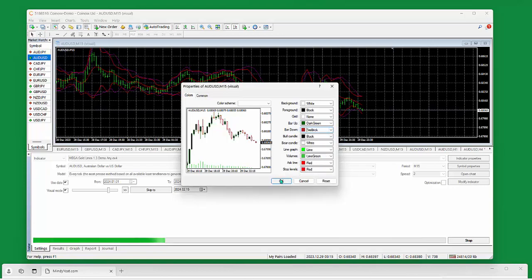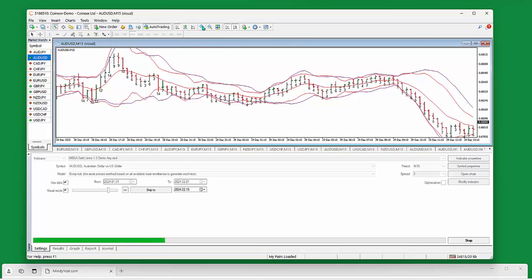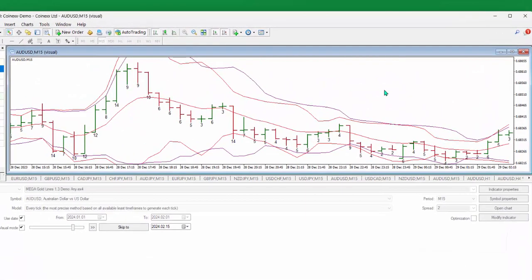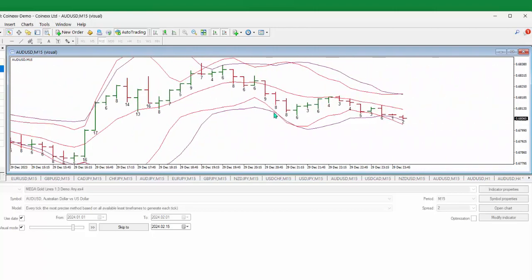Okay, then I'm going to click OK on that, and I'm also going to make this bigger so that we can see it even better, and then I'm going to scroll it to the end. Now we are starting our test on January 1st. So I'm also going to draw a line where we're starting our test.